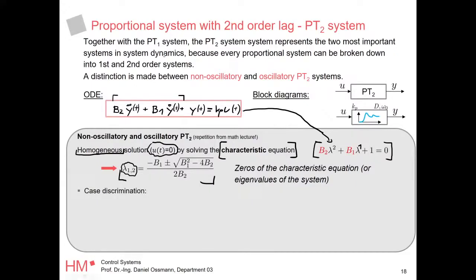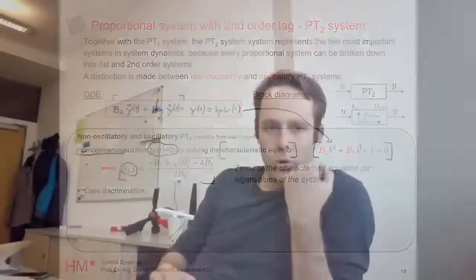So, when you remember your time in high school, you probably remember that when you solve the Mitternachtsformel, the output can be complex, or real, which we usually like because we don't like to work with complex numbers. But here in controls, we will actually work with complex numbers a lot, so we better get used to it now.